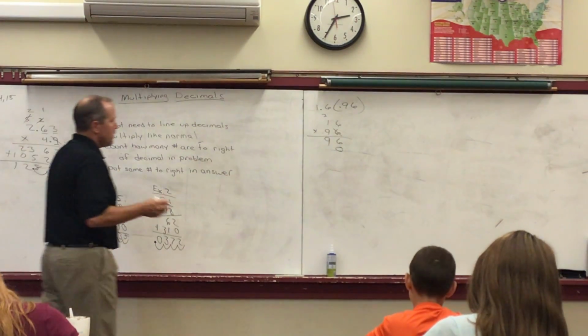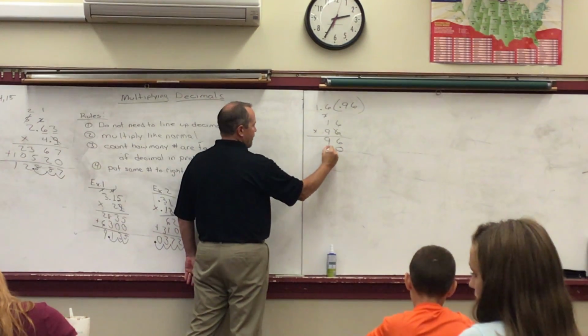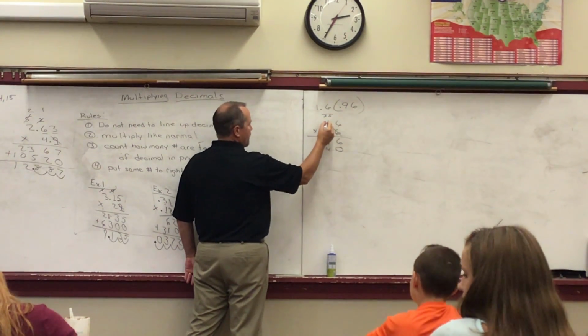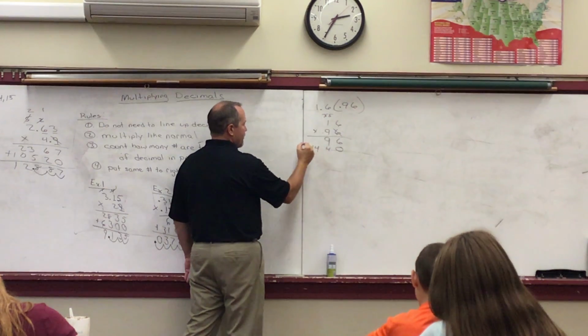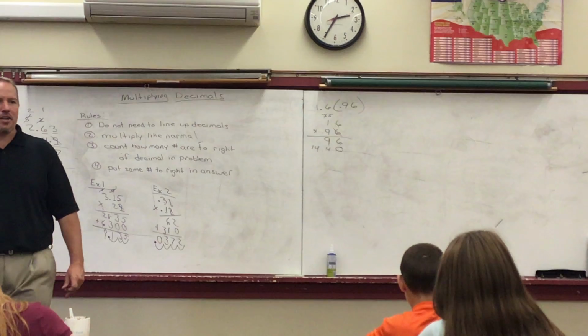Okay? Let's check it. I'm going to cross out that 3. 9 times 6 is 54. Carry the 5. 9 times 1 is 9. And 5 is 14.